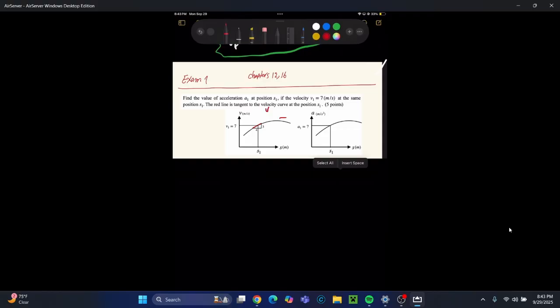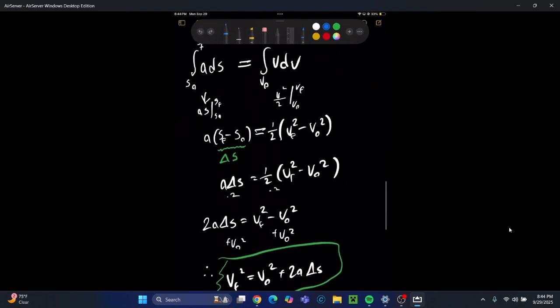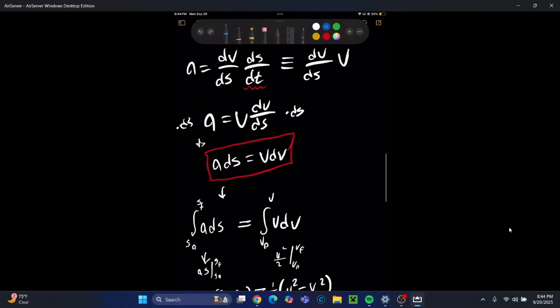But actually, we have s here, and that is not seconds. That is position. That's meters, right? So if you notice on our graph, we don't have a time axis, which means this is independent of time, which if you haven't been asleep, you know we just found out a lot about not having time.